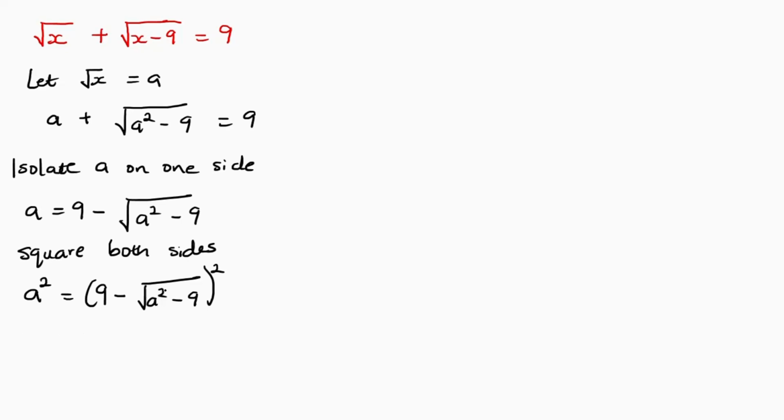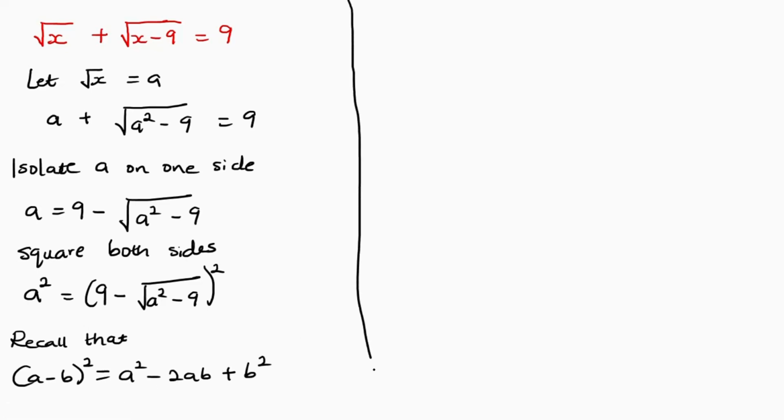Okay, so from this right here, I've been able to square both sides of the equation. The next thing we want to do is to simply recall that a minus b all squared is equal to a squared minus 2ab plus b squared. So we want to apply this rule to the right hand side of this equation.